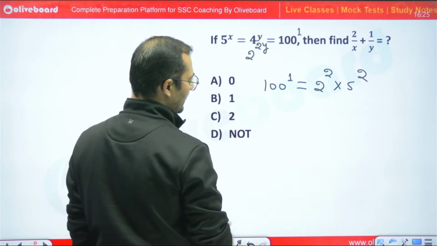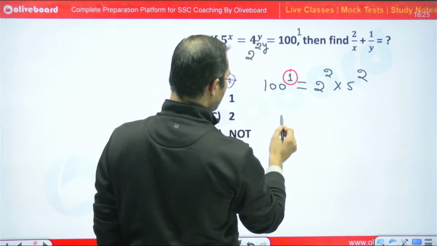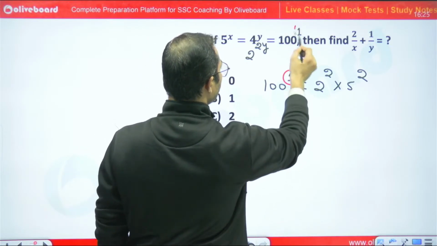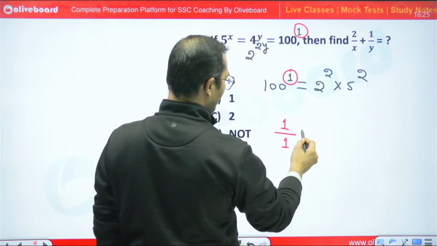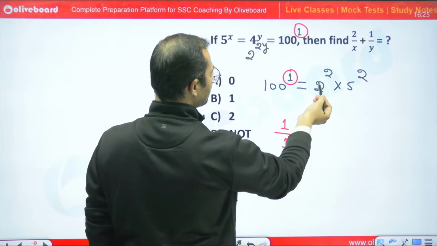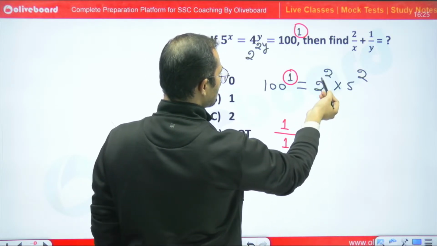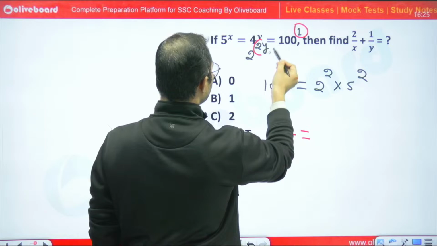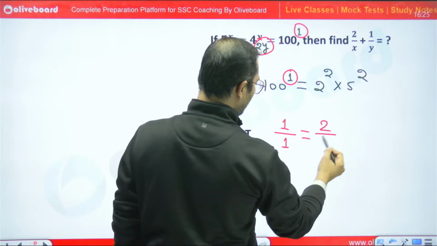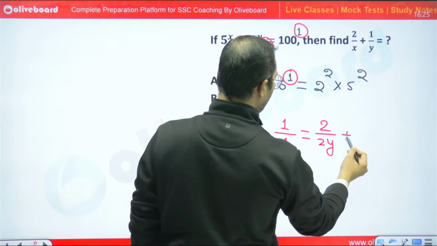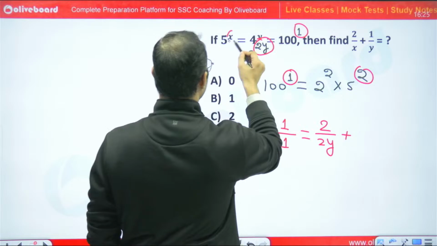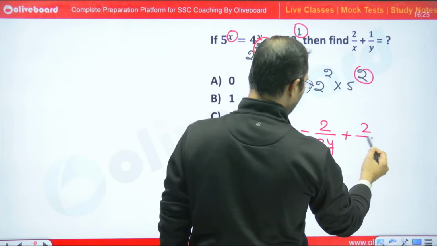After comparing, we can say that here 100 to the power 1, and here 100 to the power 1 also. So 1 upon 1 must be equal to 2 upon 2y plus 2 upon x.